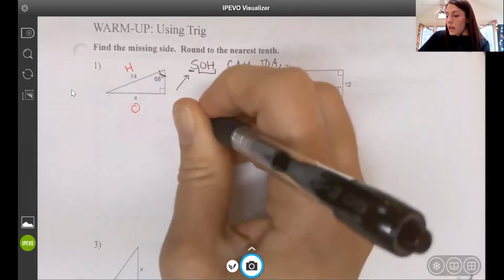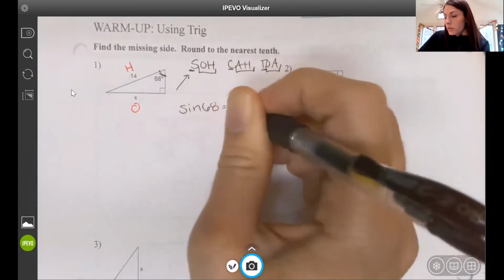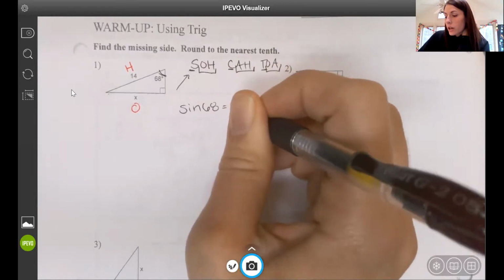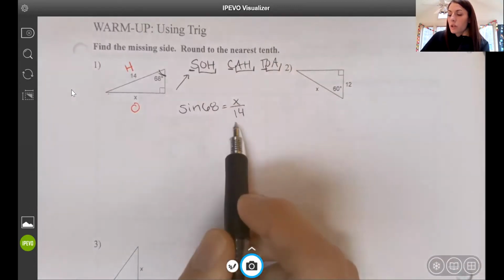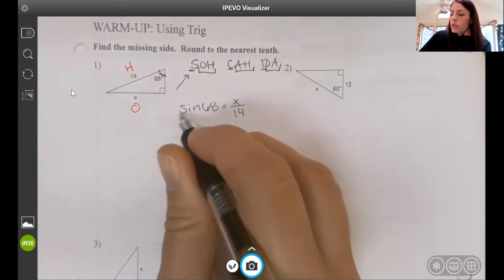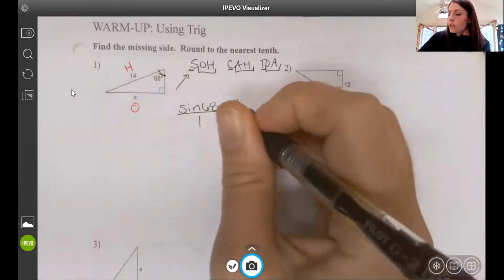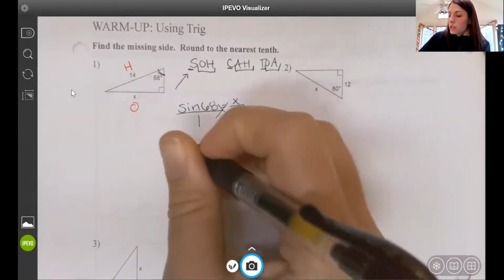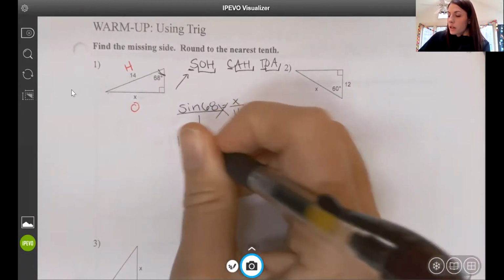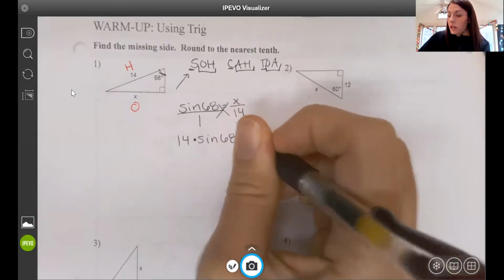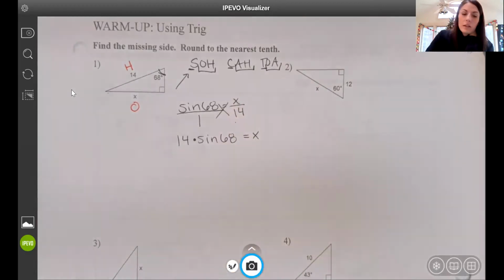So I say the sine of 68 equals opposite over hypotenuse. Then we take our trig function, put it over 1, and cross multiply. This gives me 14 times the sine of 68 equals X.